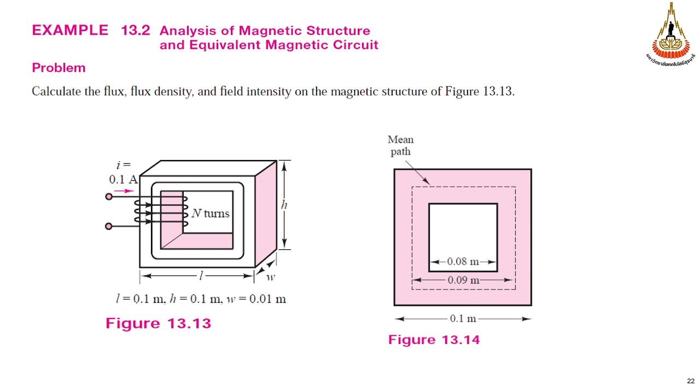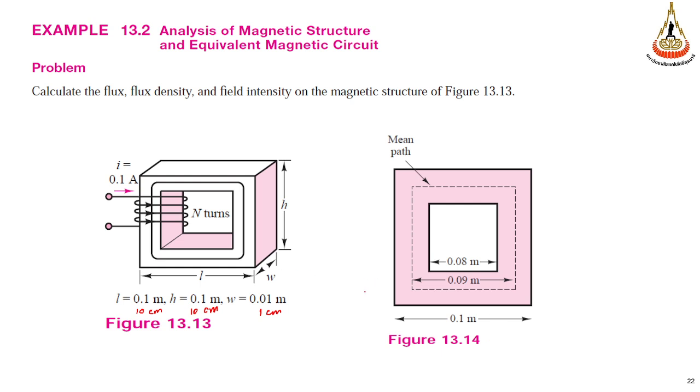L is 0.1 meter, which is 10 centimeters. We have this drawn. And H is also 10 centimeters. And this Y is just 1 centimeter, for example. But we use the unit of meter in our calculation.